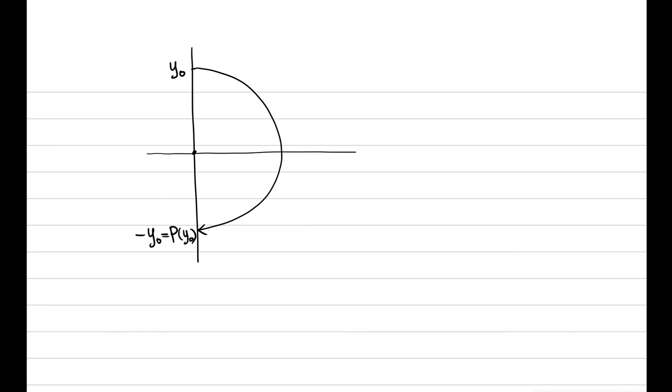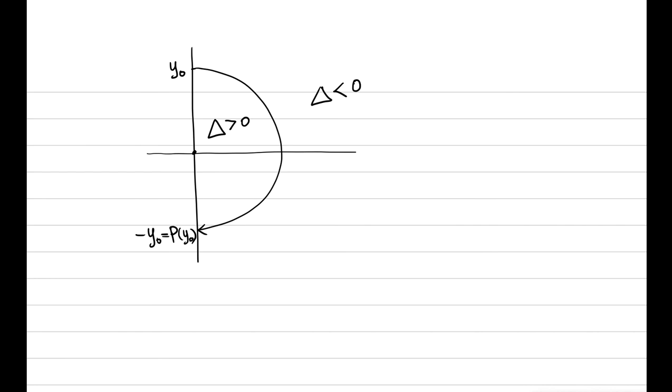Delta was positive when the starting point is less than y naught, and it's negative when the starting point is bigger than y naught. So this region is where delta is positive, and this region is where delta is negative.